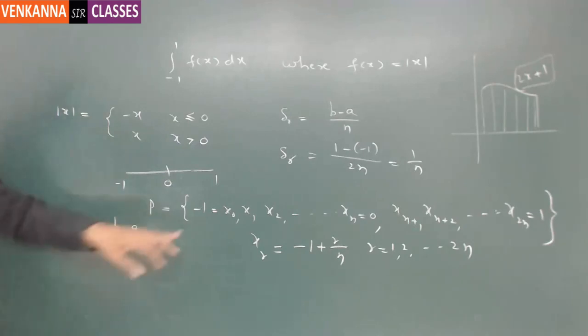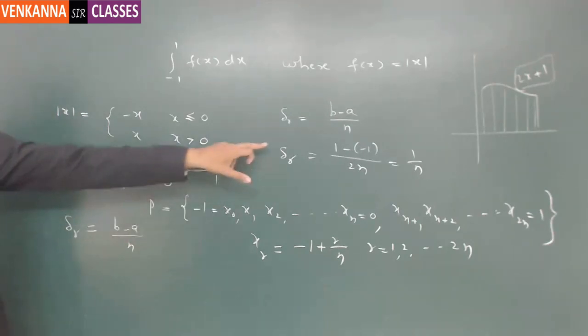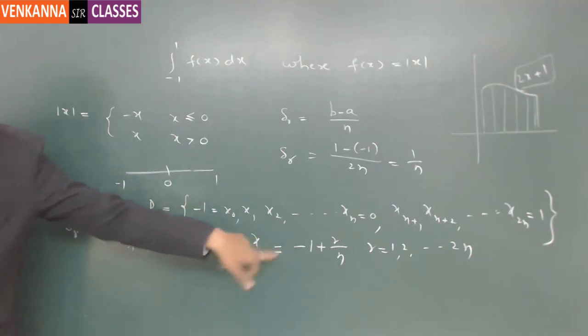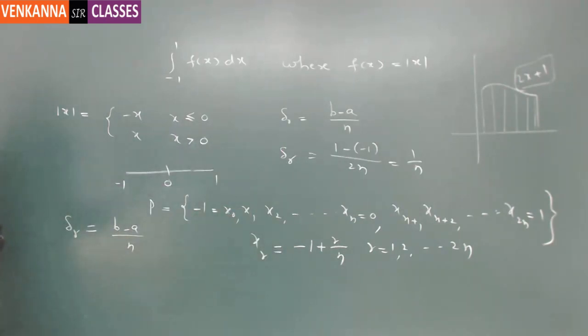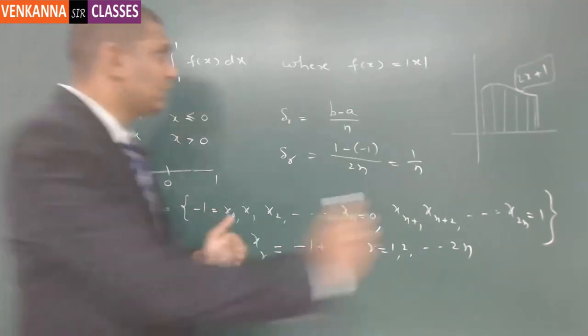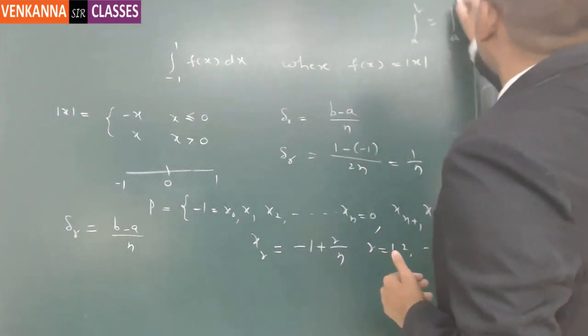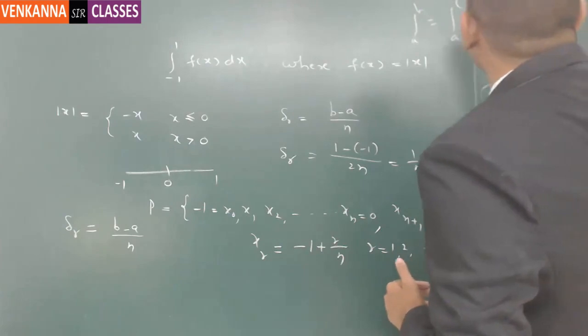Right. So this is the way of taking the partition. This is delta r. The point xr is written like this, -1 plus r by n. Why not? The partition belongs to the total interval. That's why, as you can see in the earlier problem, integral a to b is nothing but integral a to c plus integral c to b.